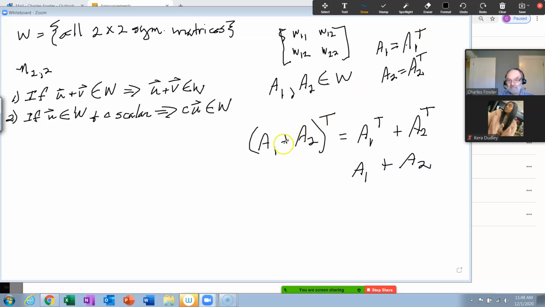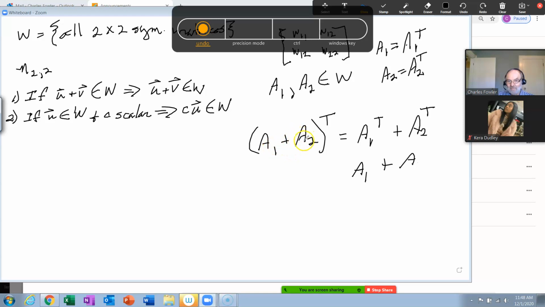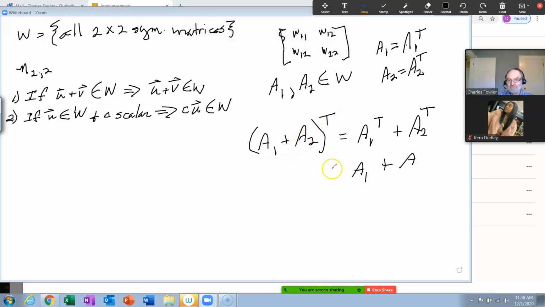So A1 plus A2 transpose is the same as A1 plus A2. So we have just shown that if U and V are in the subspace, then their sum is in the subspace.